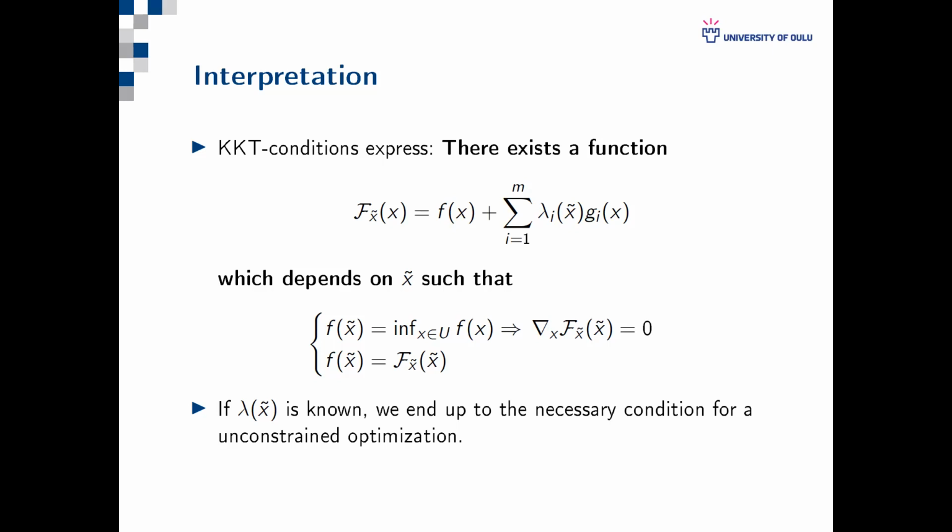Because if I take the gradient of this function, it is 0 at the point x tilde. So it's the minimum point of this function, capital F. But of course, I don't know in the very beginning what the true Lagrangian multipliers are.